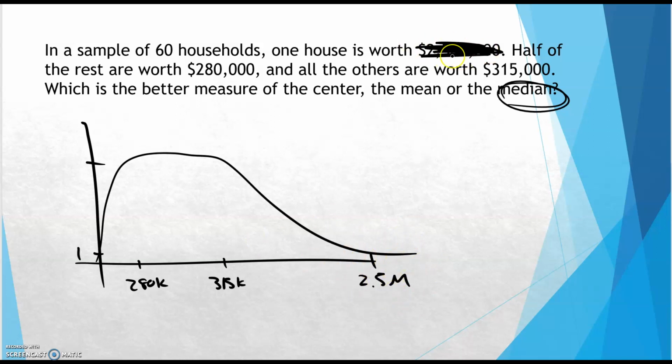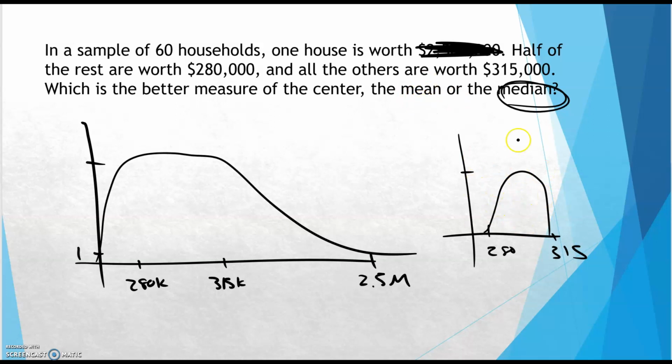If I take out this outlier, then it looks like this: there's your 280 and there's your 315. Then I could use the mean for this distribution because it would be symmetrical. But for this one with the outlier, the only thing that I can use is the median because it's skewed.